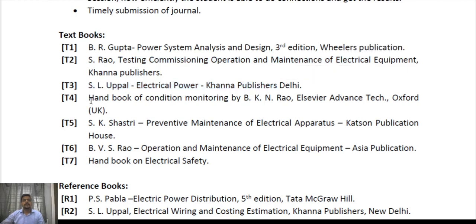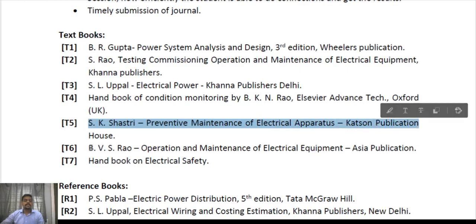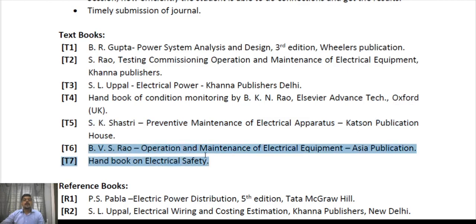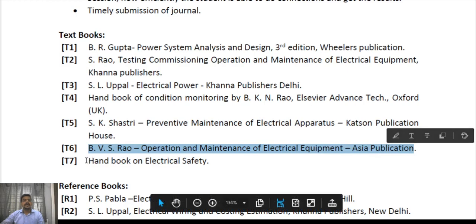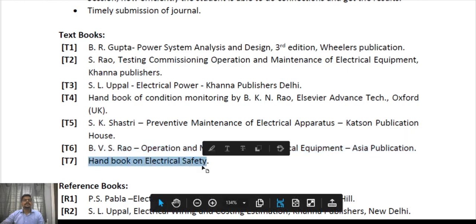Handbook of Condition Monitoring by B. K. Rao, Elsevier Advanced Technology, by Oxford. S. K. Shastri, Preventive Maintenance of Electrical Apparatus, by Katson Publishing House. E. V. S. Roy, Operation and Maintenance of Electrical Equipment by Asia Publication, and Handbook on Electrical Safety.